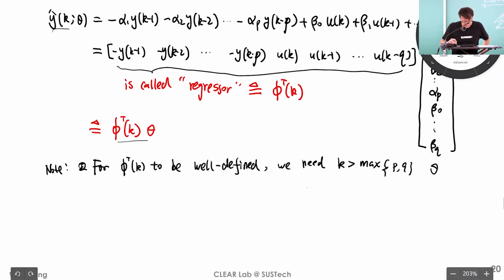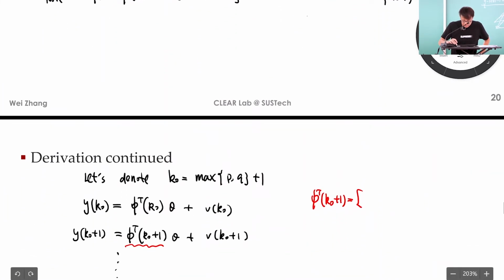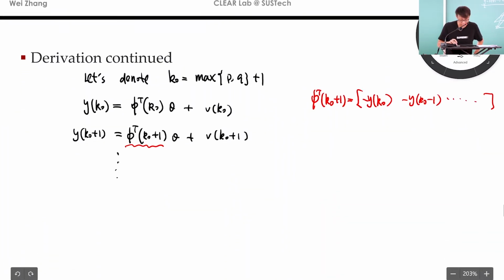So it's minus Y K0, minus Y K0 minus 1, all the way. I don't want to list all of them. It's just a time shift.